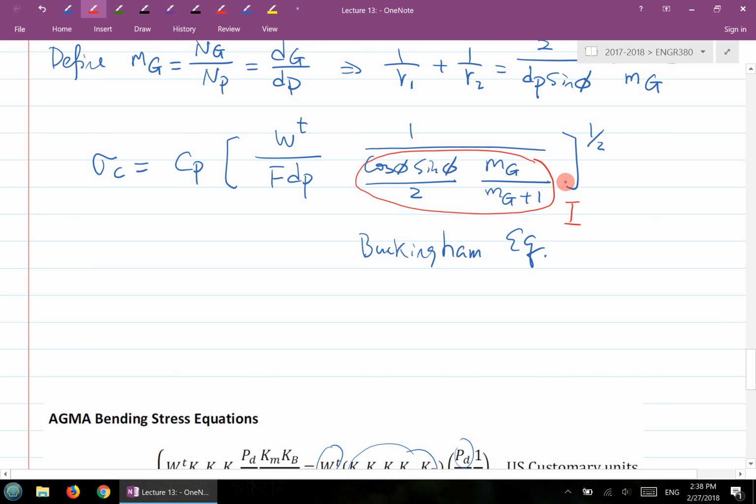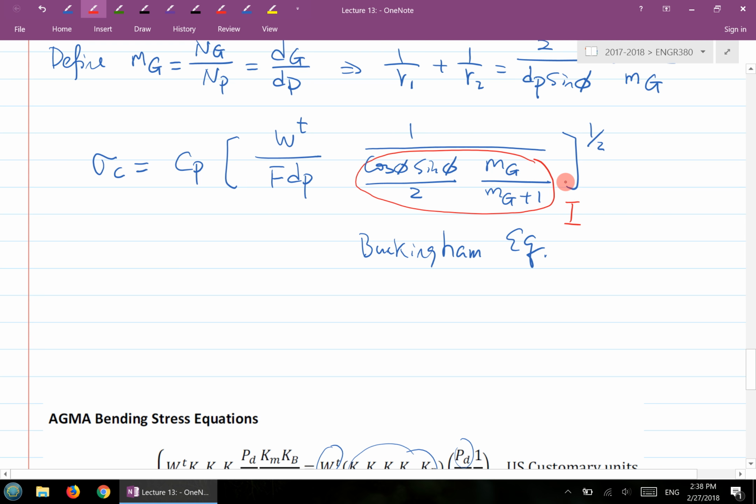So bottom line is, the AGMA equation is what we're going to use for gear design. There are two basic equations: one for the bending stress, the other for the contact stress. Both are modified from two simple equations, the simple Lewis equation and the simple Buckingham equation, by adding a number of factors.